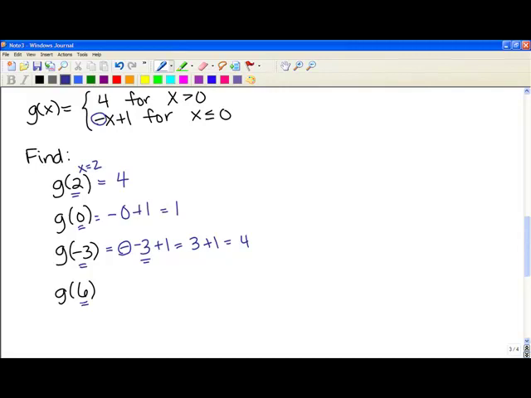And then look at 6. 6 is greater than 0, so that would be the first piece, and we would have the constant of 4. Okay, so the points would be 2, 4, 0, 1, negative 3, 4, and 6, 4.